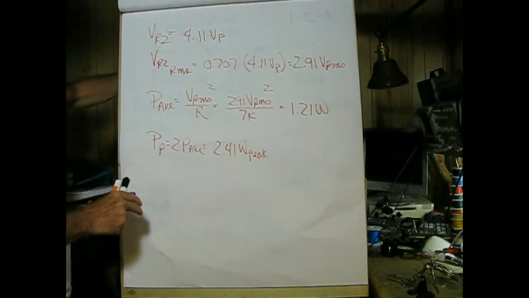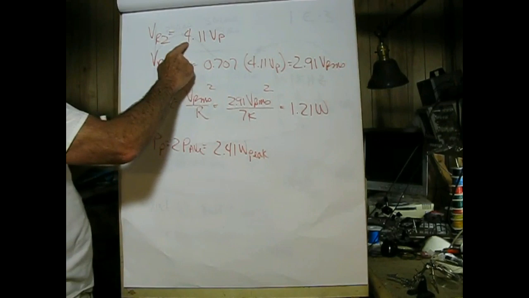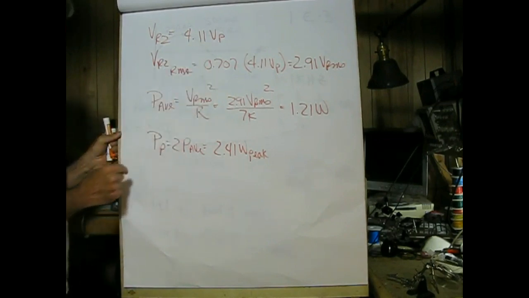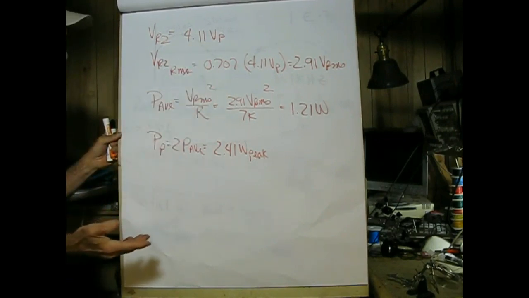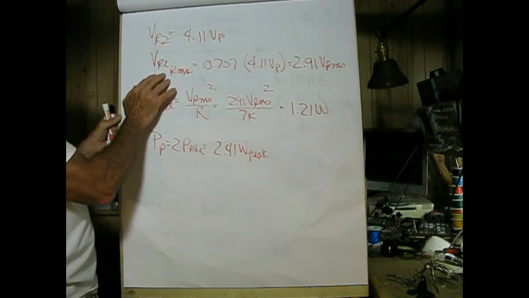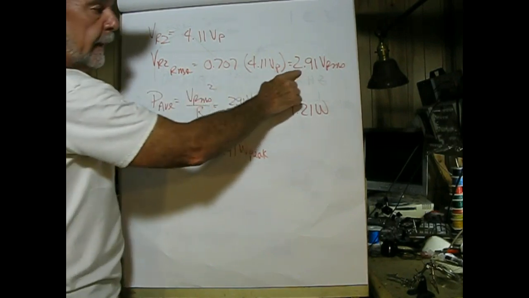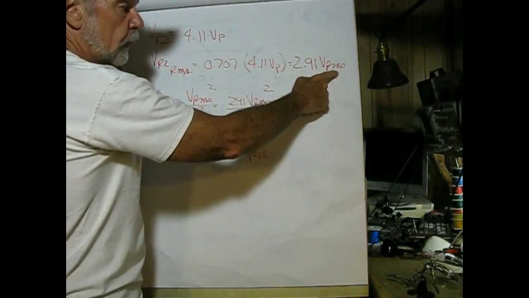So we can solve it a different way. V R2 we know is equal to 4.11 volts V peak. Now if we like, we can convert that directly into RMS. All we would do is multiply the peak by 0.707, and that gives us 2.91 volts RMS.